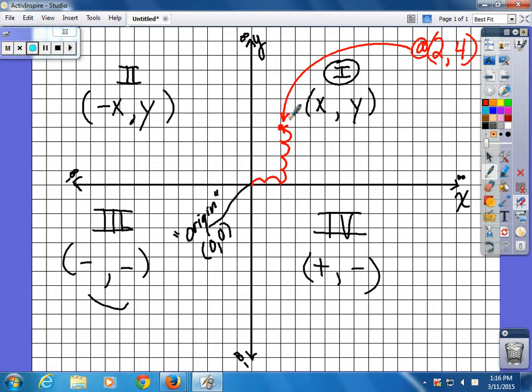And that's your point (2, 4). Negative 3 and positive 2, that is that one.